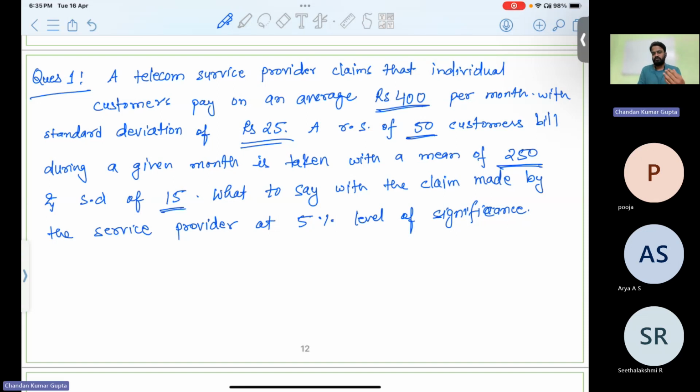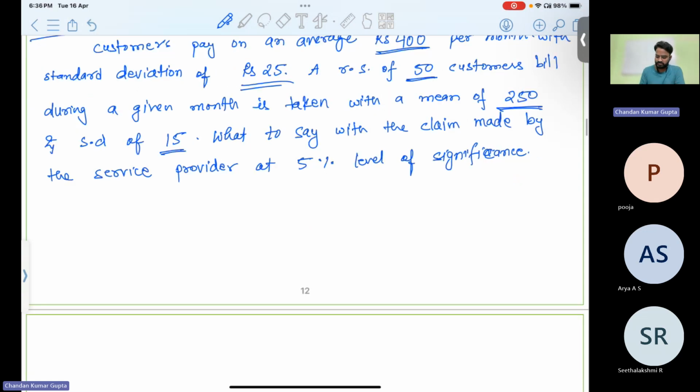Our steps: first, frame the hypothesis; then the statistic will be calculated on the basis of the hypothesis; the third is to find the tabulated value, then compare and find the result. So our first step is we need to frame the hypothesis.